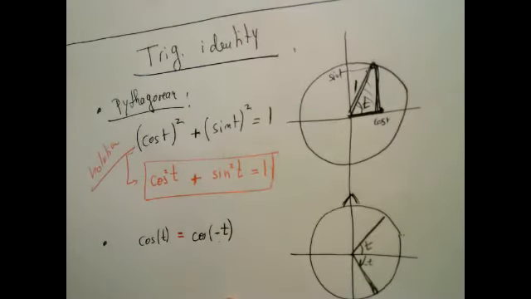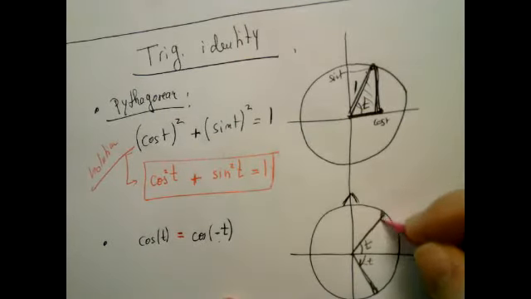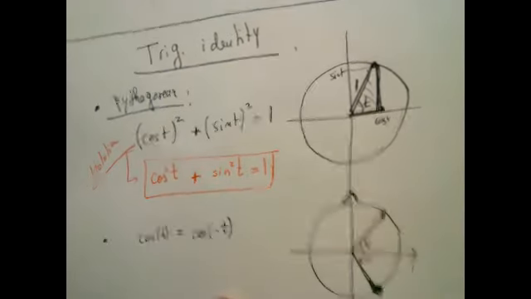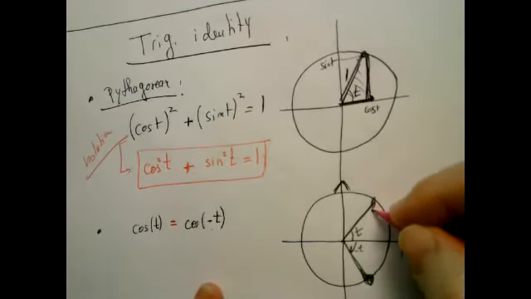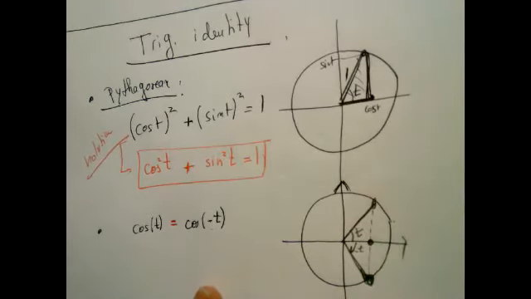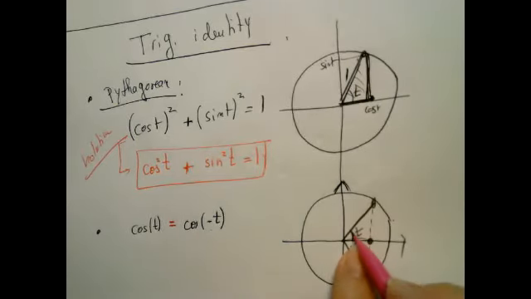Watch the picture. Because of the symmetry, if I take this point and this point, they are symmetric with respect to the x-axis. It means those 2 points have the exact same x coordinate. So from here to here, by definition, that's the cosine of t. That's the definition of cosine.